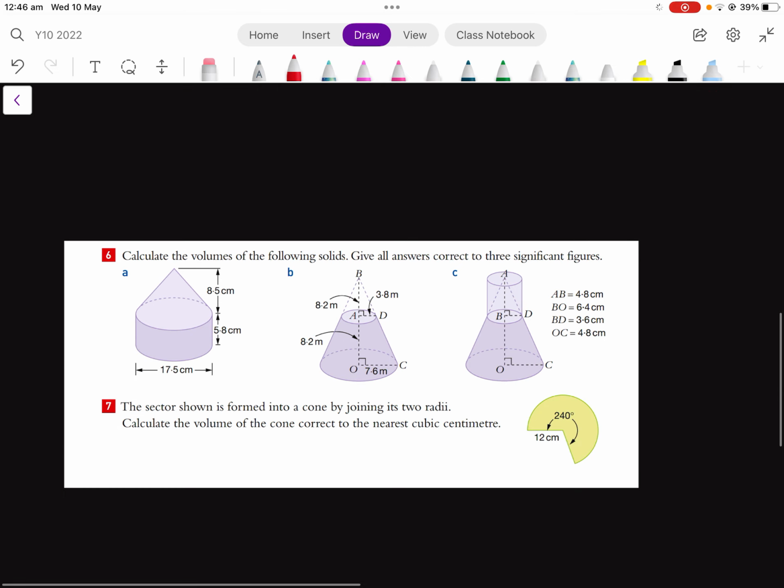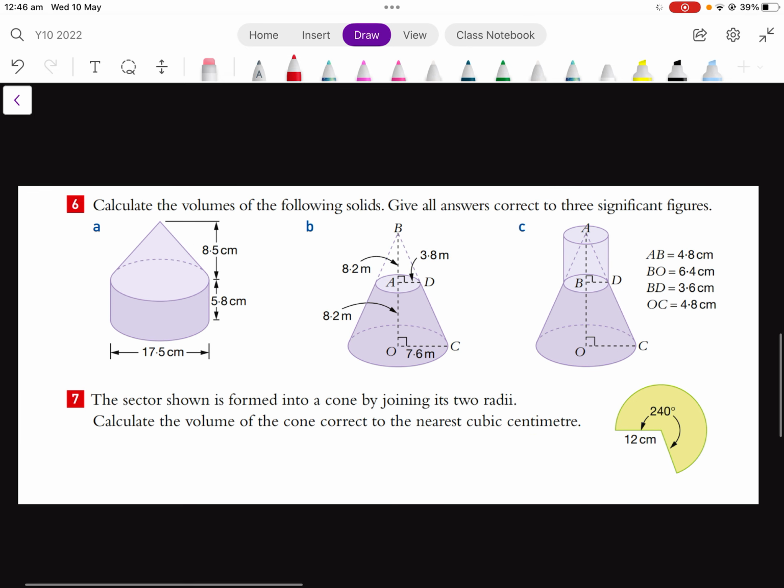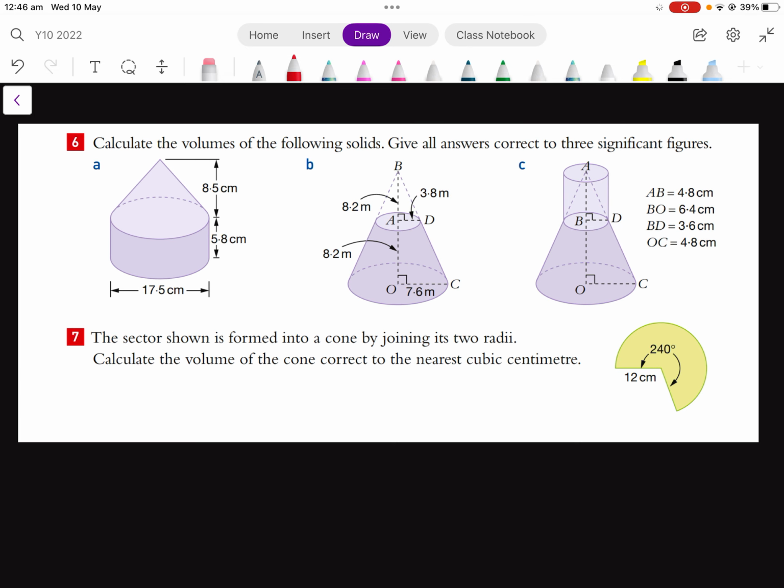There's a couple of interesting examples here. I'll just go through quickly, so when you attempt them you know what you're looking at. Find the volume of the solid. Here there's a cone, and the base area of the cone is the circle with the diameter of 17.5. You can find the base area, and the height is 8.5. So you can find the volume of the cone.